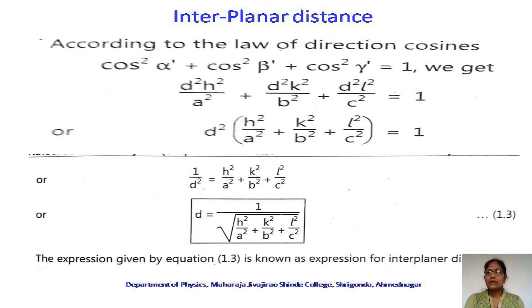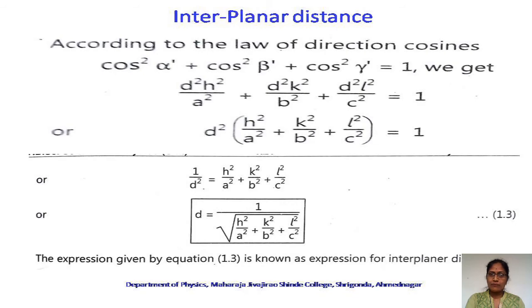Hence, d equals 1 upon square root of h square upon a square plus k square upon b square plus l square upon c square. That is, 1 upon d square is equal to h square upon a square plus k square upon b square plus l square upon c square.